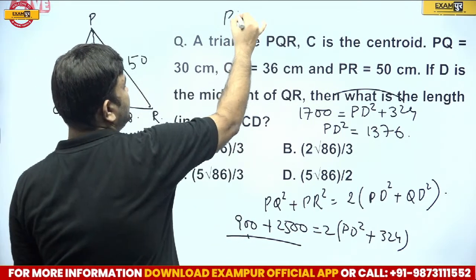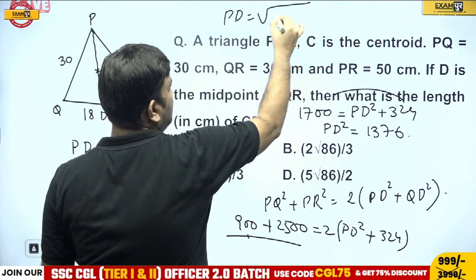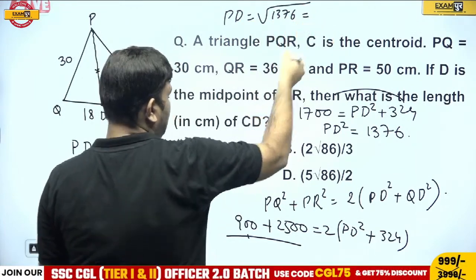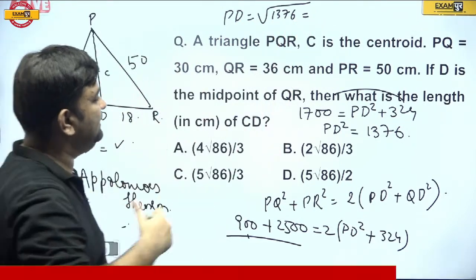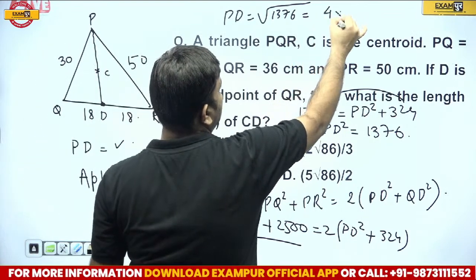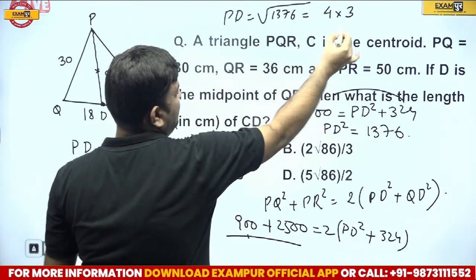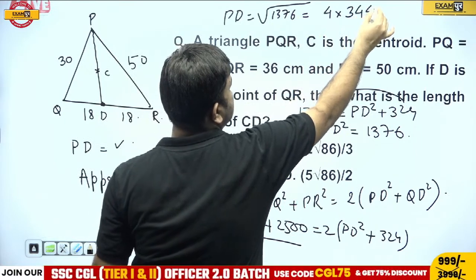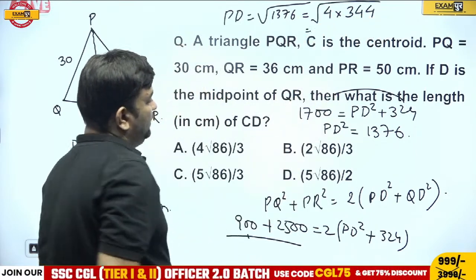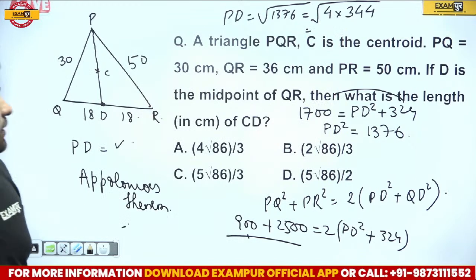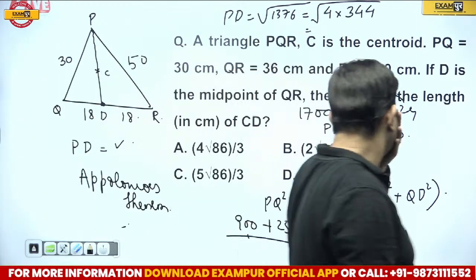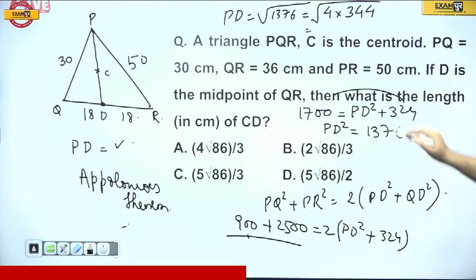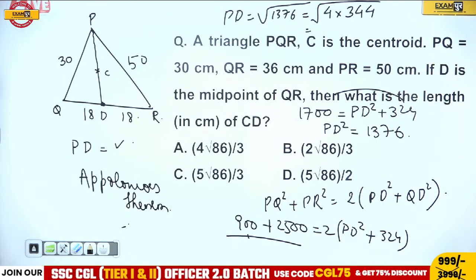So PD is root of 1376. Take at least 4 common. 4 times 3 is 12, 4 times 4 is 16. Oh dear. 100% 86 will come.